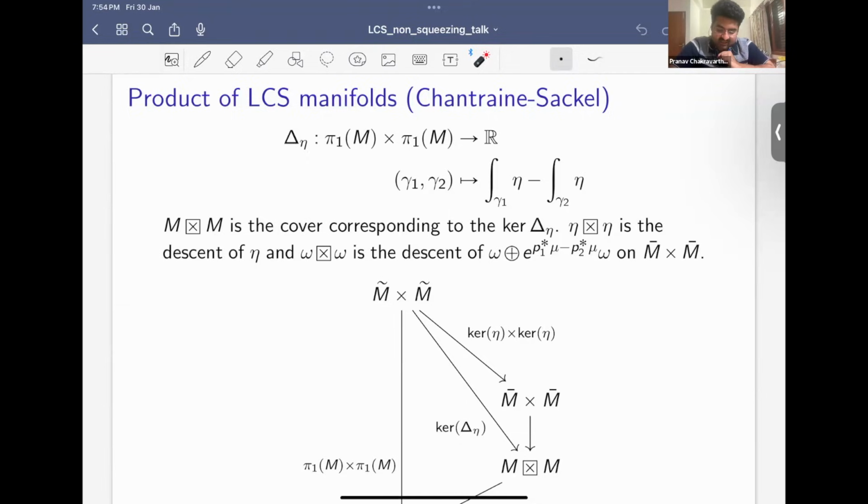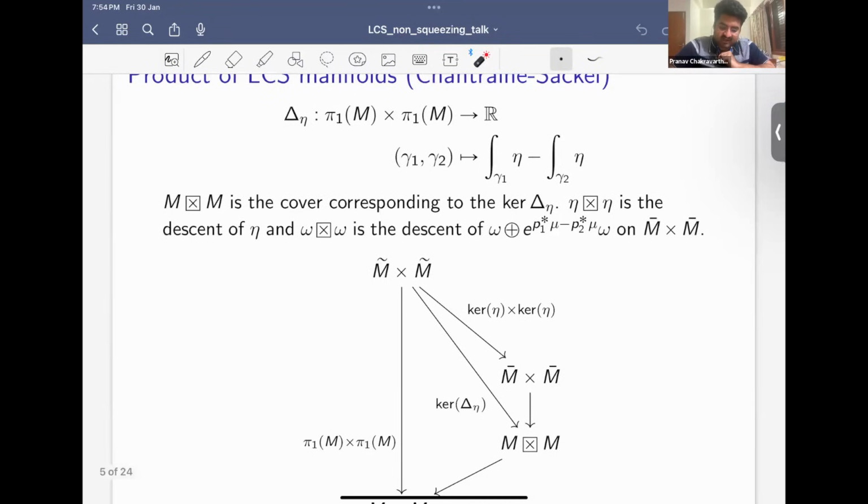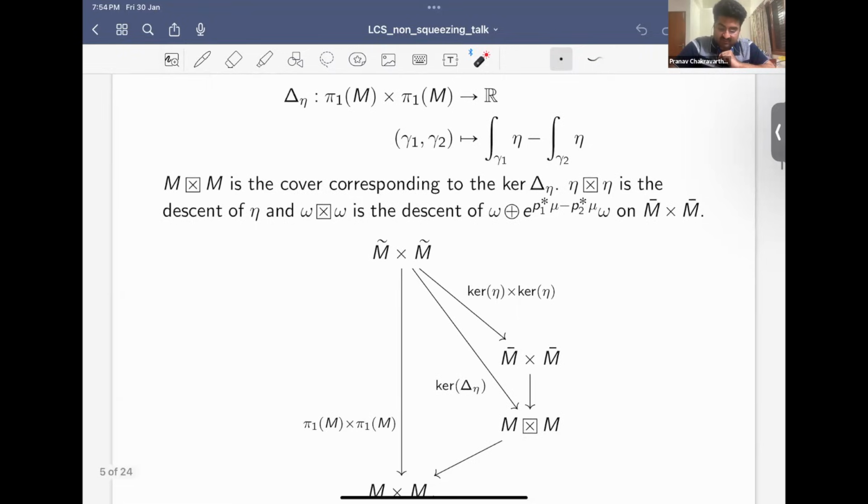So this covering space of M cross M in fact inherits a conformal symplectic structure, which is basically the descent of this form on the symplectic cover of M cross the symplectic cover of M. So I look at omega direct sum, with P1 the first projection onto the symplectic cover times mu minus the second projection to M bar times mu omega, and one sees that this symplectic form on the product of symplectic covers descends down to this covering space, and that gives you a conformal symplectic structure on this.